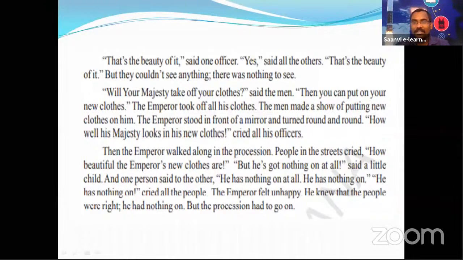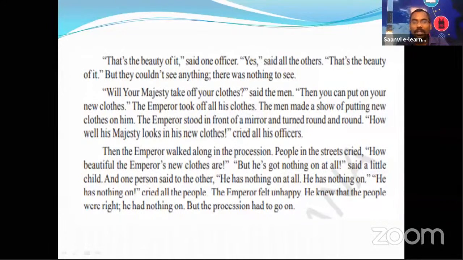Actually, the emperor was naked. He hadn't worn any clothes on his body. But the officers said, how beautiful our majesty looks in his new clothes.